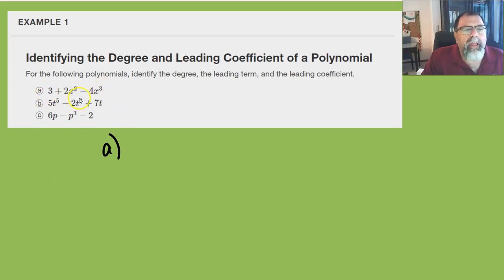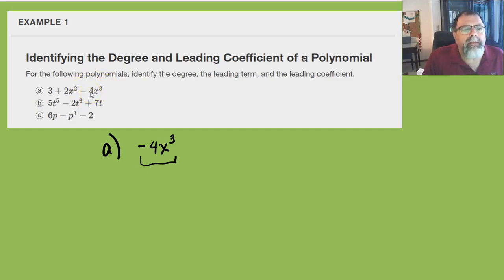So looking at A, the highest degree term would be the negative 4x to the third. So this is our leading term, even though, as I was saying earlier, it's not written in descending order. That's typically where we get the word leading term.